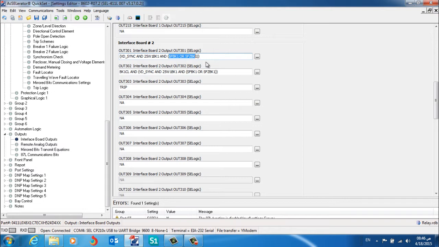I inject 66.4 because my VT secondary is 115. 64, 0.4, and here 66.4. Okay.